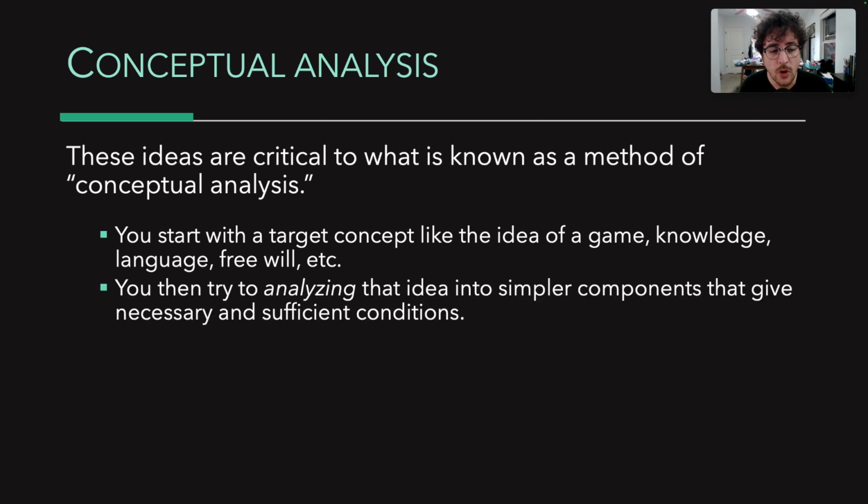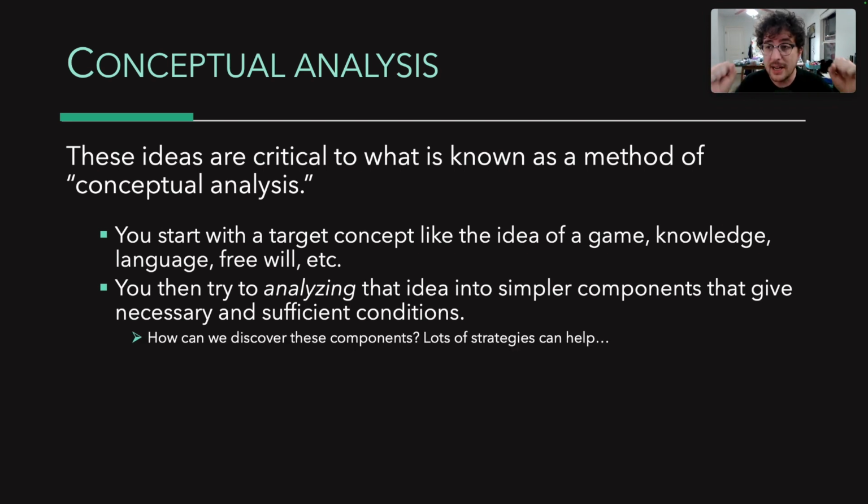In order to do so, you start trying to analyze the idea by breaking it down into smaller parts that give necessary and sufficient conditions. So I take that idea of a bachelor, I try to break it down into these smaller ideas of being an adult, unmarried, male human being. By breaking it down into those smaller bits and pieces, I get a better idea of what's involved in this big idea of a bachelor.